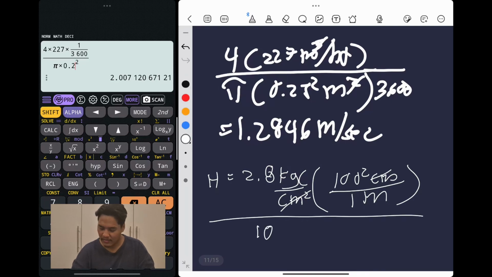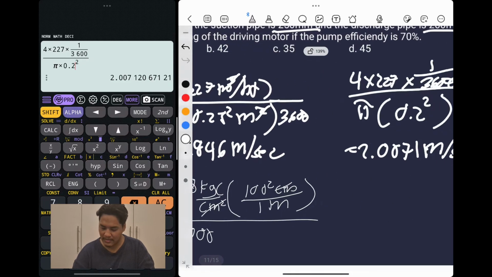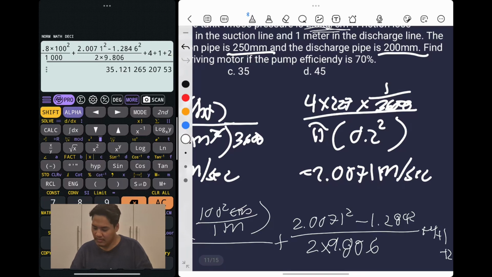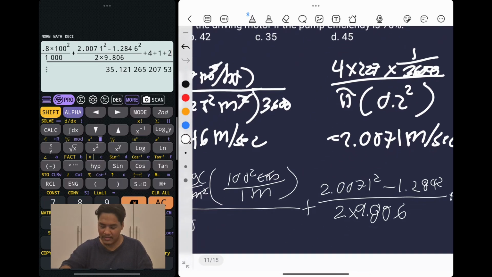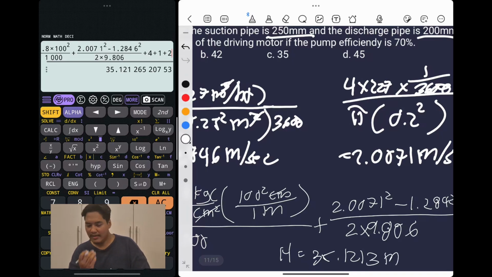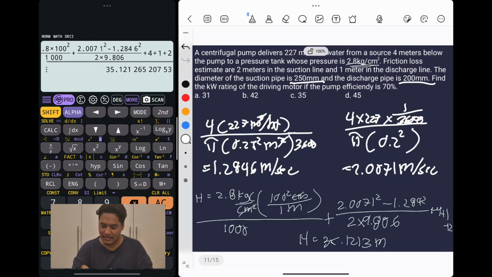Cancel out na yan. Over 1,000. Kasi density of water. Plus yung ating dalawang velocity head, yung V2 muna. 2.0071 squared minus 1.2846 squared. So lumalabas ng ating head or H is equals to 35.1213 meters.